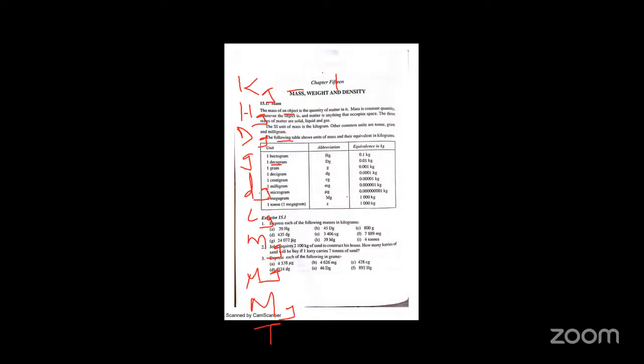Then on the other end, 1 kilogram is equivalent to 10 hectograms. 1 kilogram also is equivalent to 100 decagrams. Then 1 kilogram again is equivalent to 1,000 grams. Then the other one is 1 kilogram is equivalent to 10,000 as you move downwards.